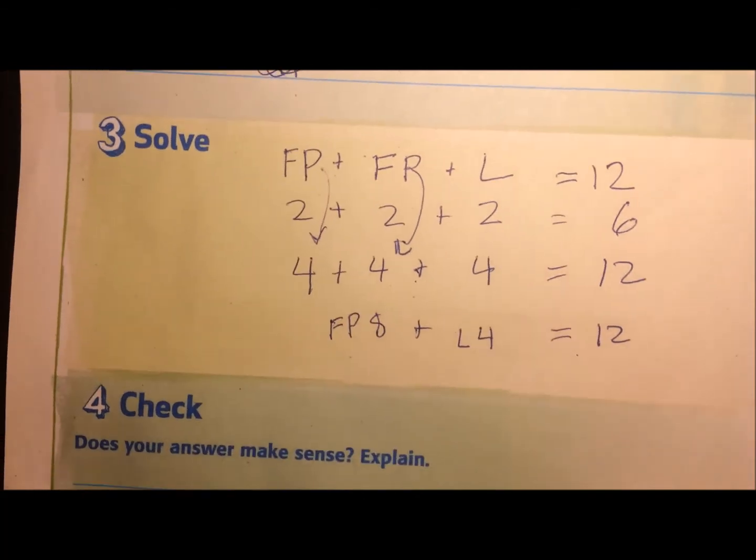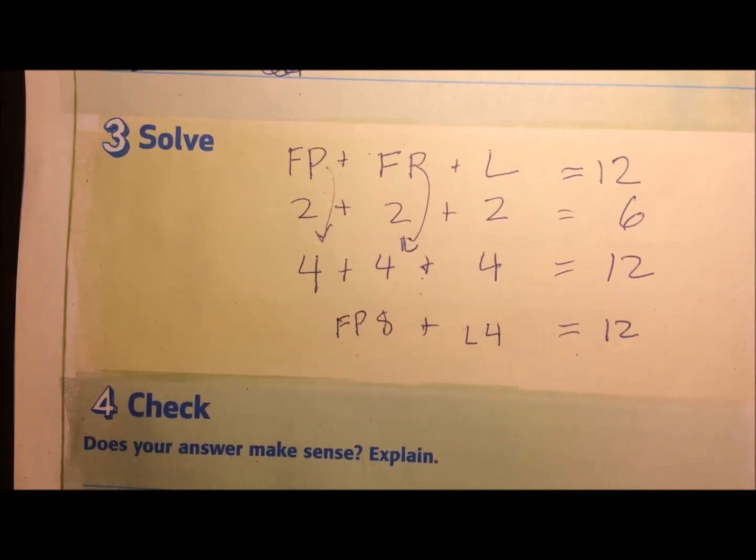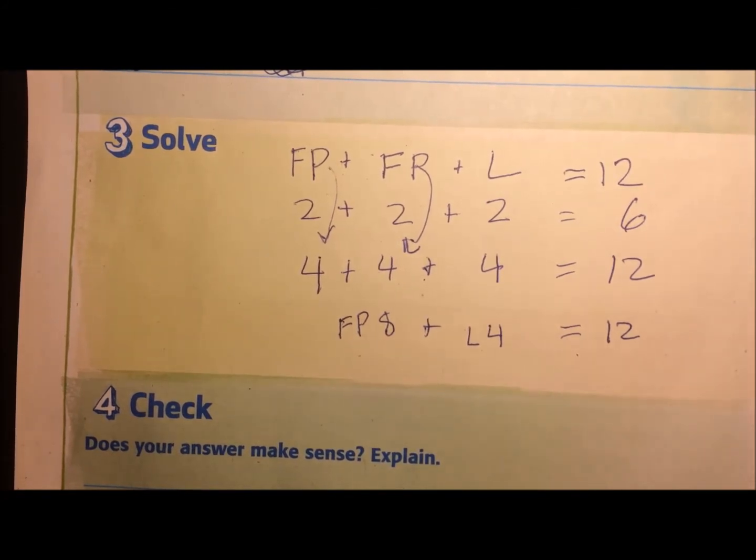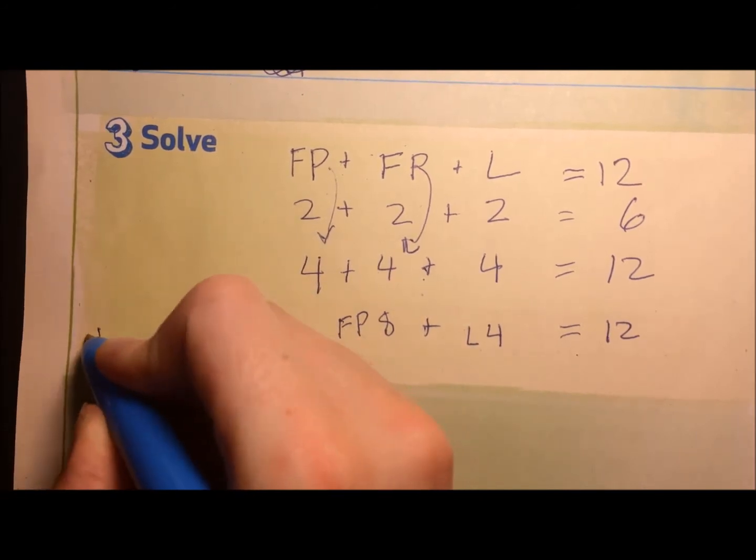So we've solved it. So our answer would be there was 4 gallons of lemonade and 8 gallons of fruit punch. Math sentence?